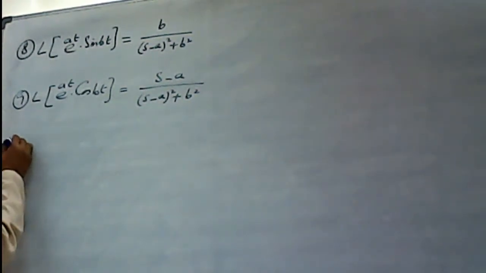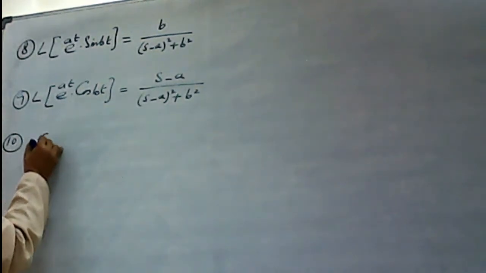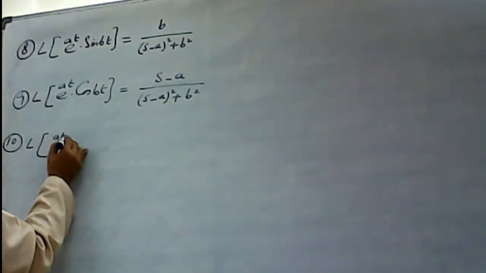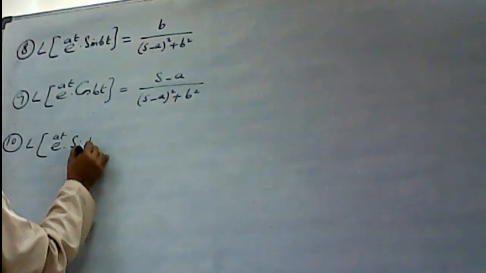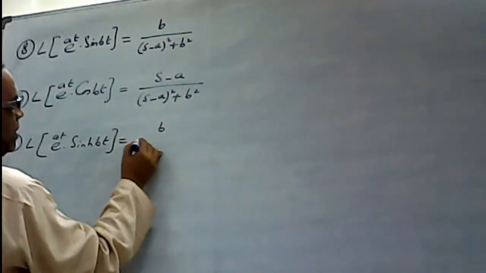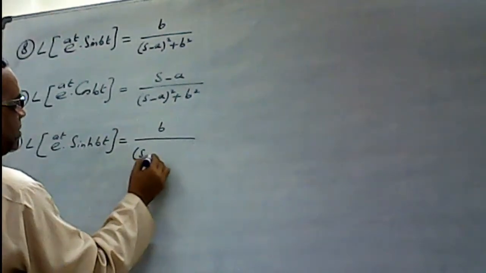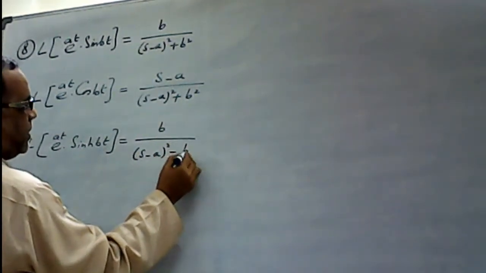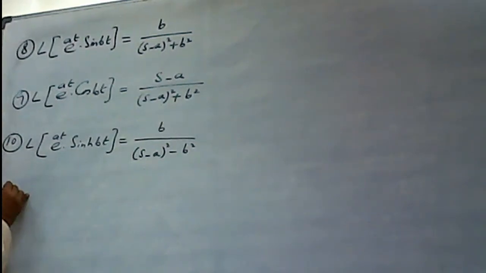Then in formula number 10, you will show that e power at into sine hyperbolic bt will be equal to b upon s minus a square minus b square.